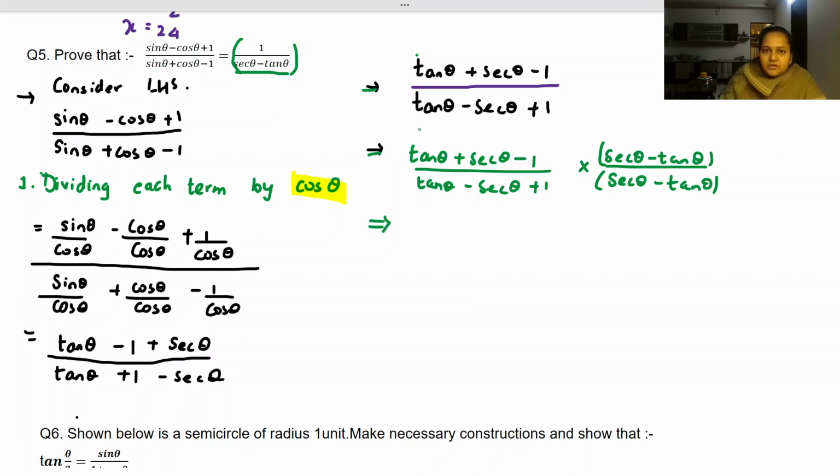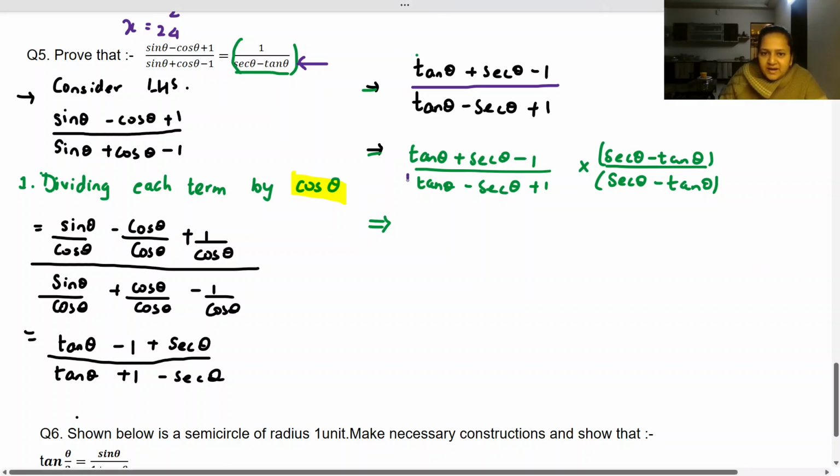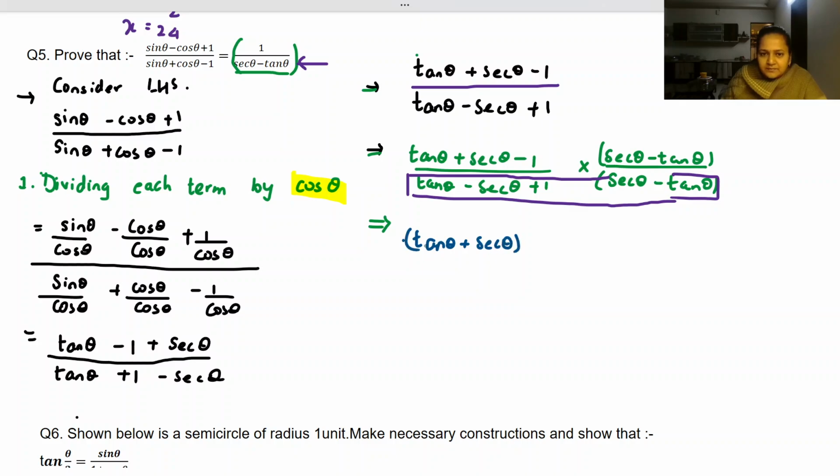Now is an important step. We want our answer in the denominator. So the denominator part we leave as it is. No changes, no simplification, nothing. And in the numerator we write tan θ + sec θ in one bracket, minus 1, into sec θ − tan θ.